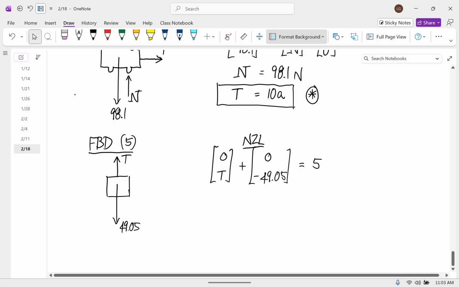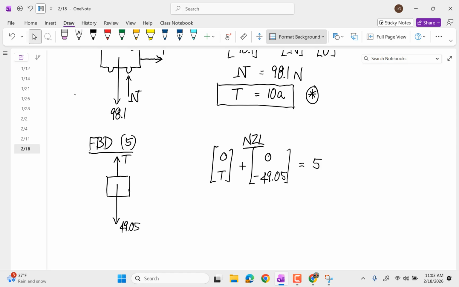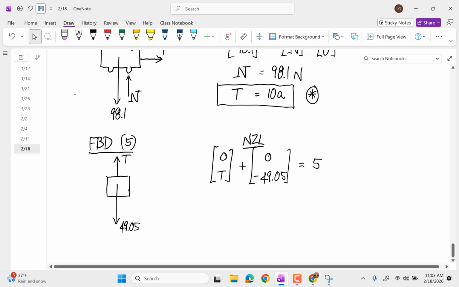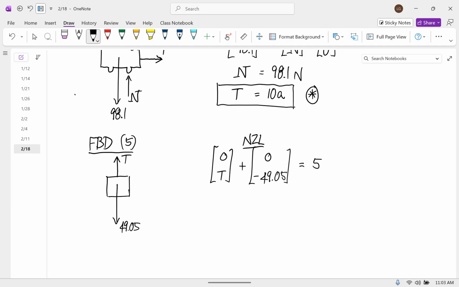Okay, so I'm going to write this as 0. So this is 0, negative A. Wait, but that does positive A. So I could have done this one first, okay?